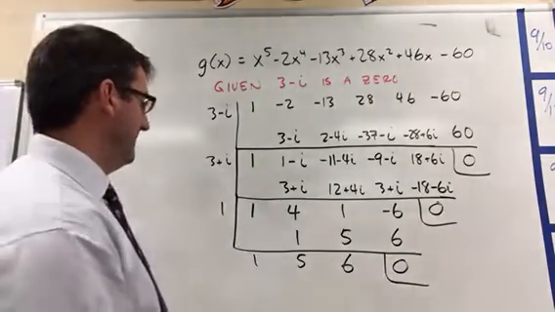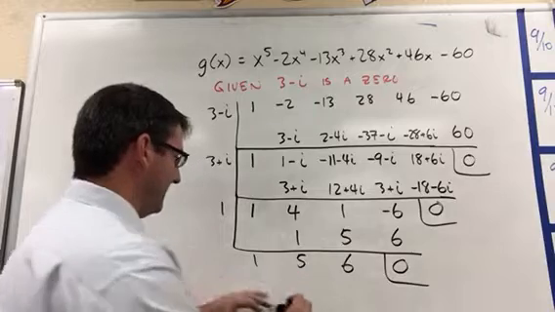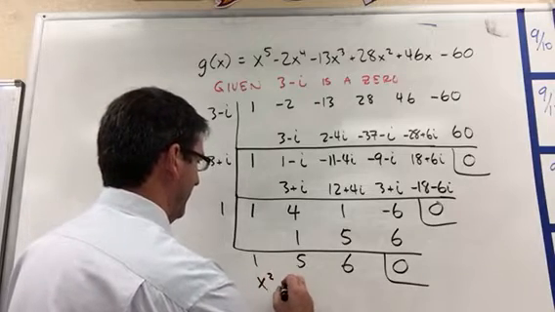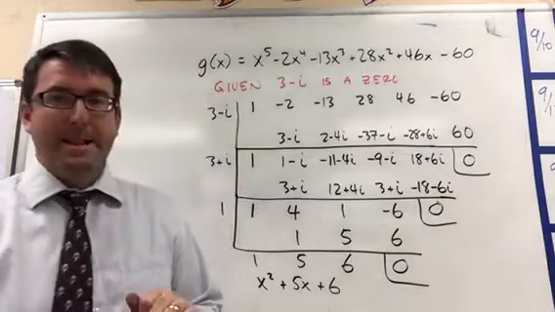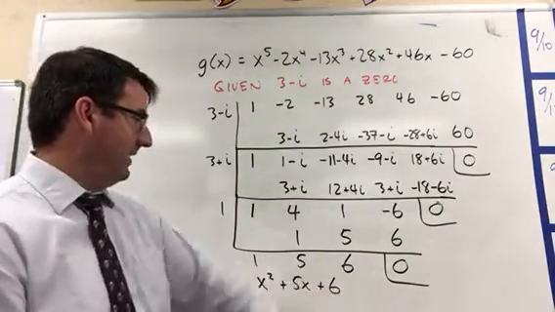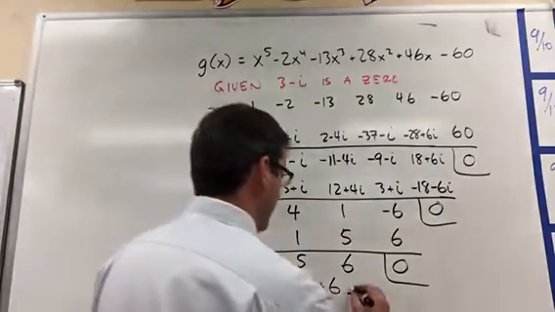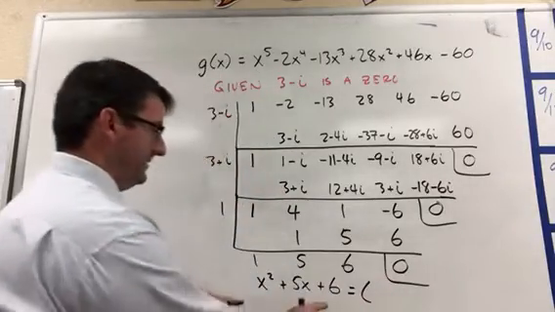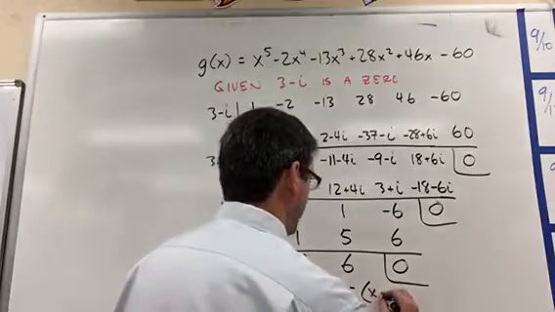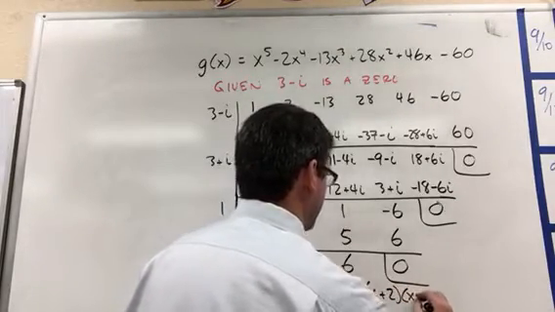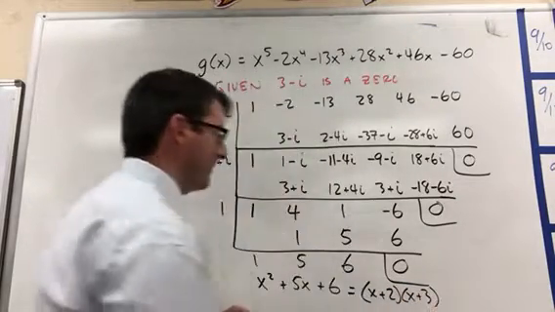And so what we're left with here is x squared plus 5x plus 6. And that now we can just factor into, we need 2 numbers that multiply to 6 and add to 5. That's x plus 2 and x plus 3.